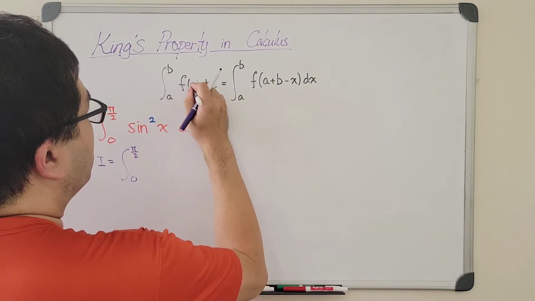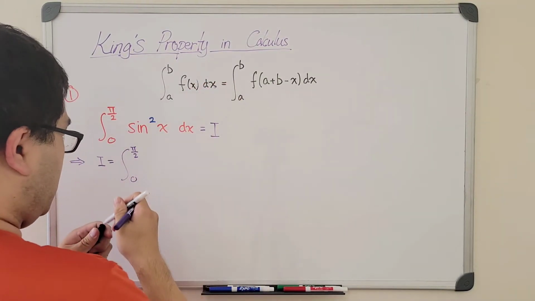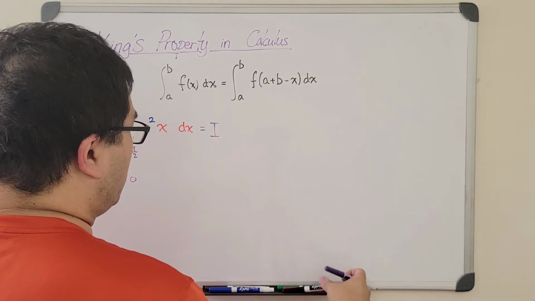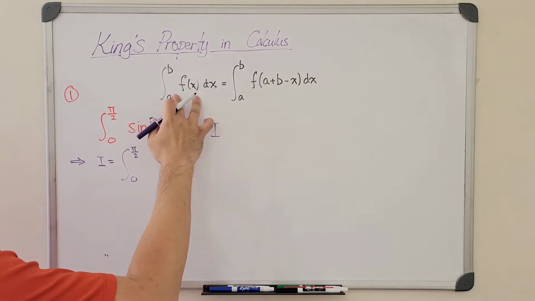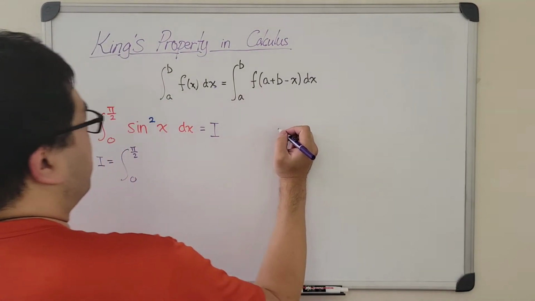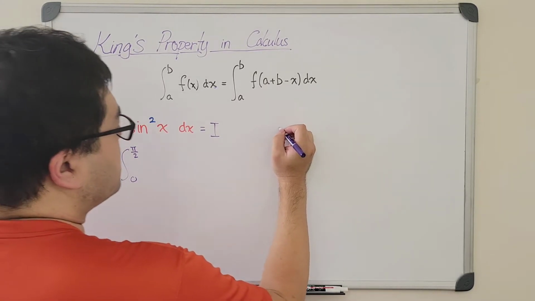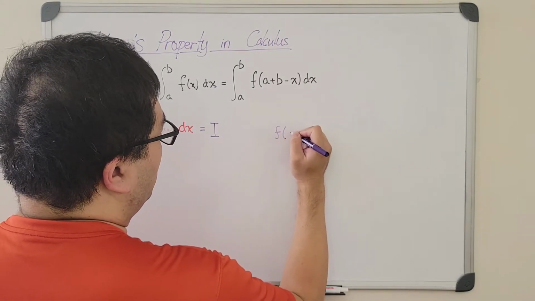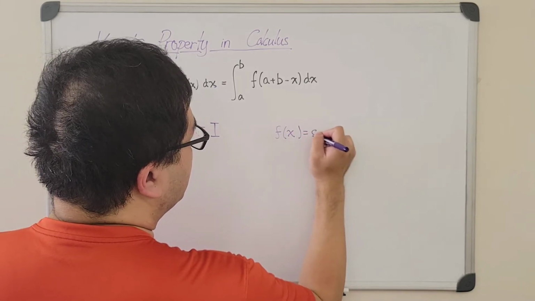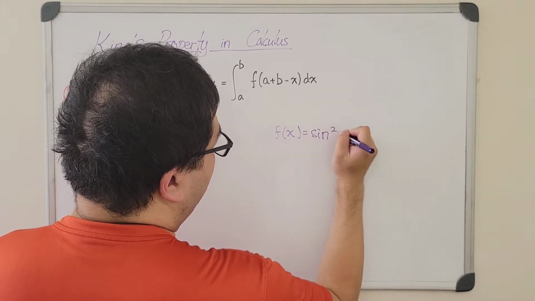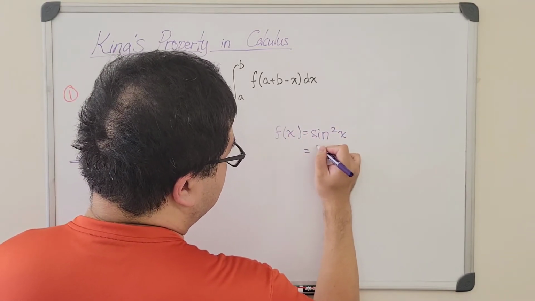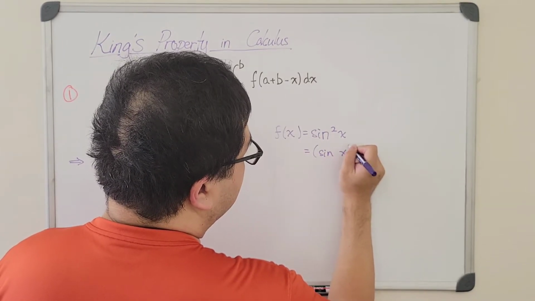And what is our original function of x? Well, we say that this is our original function. So we have f of x is equal to sine square of x, which is known as the square of sine of x.